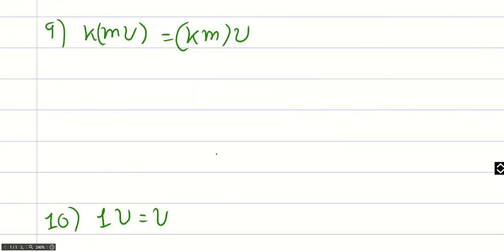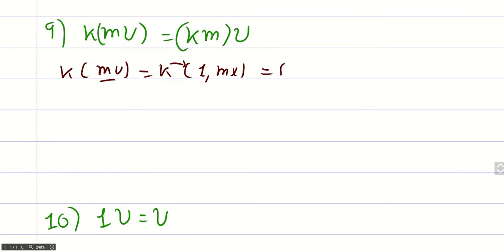For the ninth axiom, we need to consider the multiplication of scalars. So here we got mu. In this case, mu is equal to (1, mx), and then we multiply k by this vector and we obtain (1, kmx).